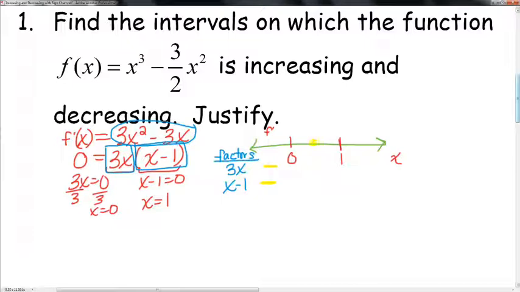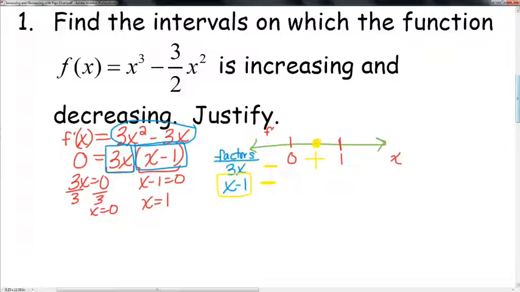Now I'm going to come over here and pick a number between 0 and 1. I'm going to say 0.5. I'm going to plug 0.5 into this factor right here. Well, 3 times 0.5 is going to give me 1.5, which is a positive number. I'm going to plug in 0.5 here. Again, we're talking about a value between 0 and 1.